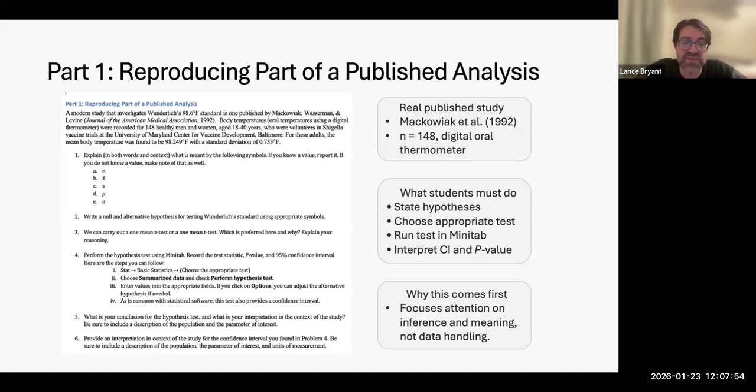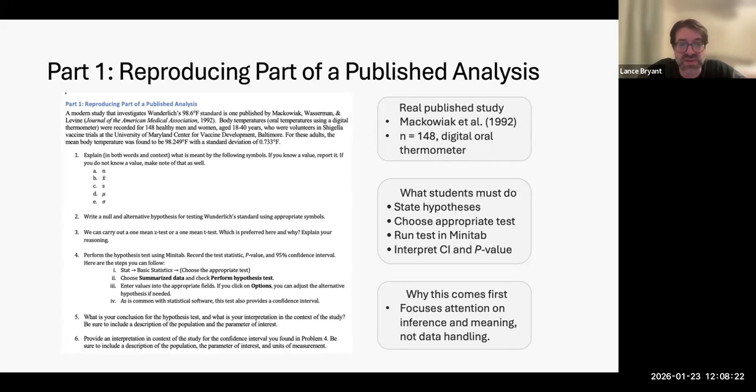So they didn't have to worry about using a data set or any of the data handling. If you recall, this was an introduction to Minitab. So they were able to just go in and put in some numbers in a way similar to working with it in class on a calculator, just to get a feel for using Minitab in a relatively familiar context from what we had done in class.